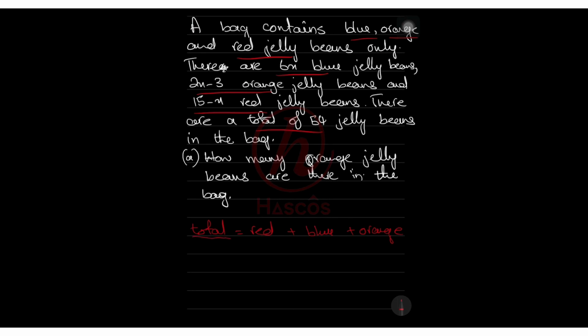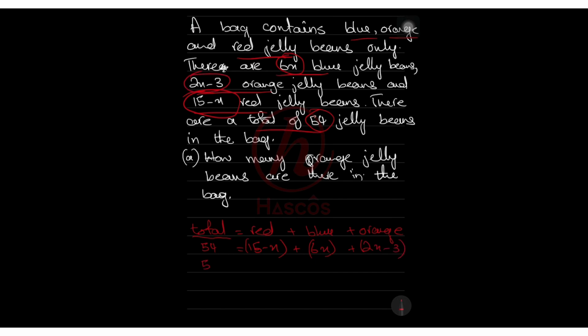We know that the total are 54, so instead of total I'm going to write 54. We know that 15 minus x red jelly beans are there, so we can write 15 minus x, and we'll always use a bracket to substitute something. It is always a silly mistake proof method to use brackets. Now we know that blue jelly beans are 6x. Let's again use a bracket. And orange jelly beans are 2x minus 3.